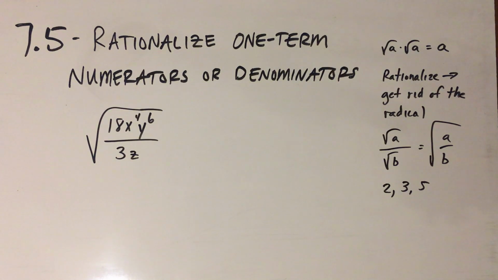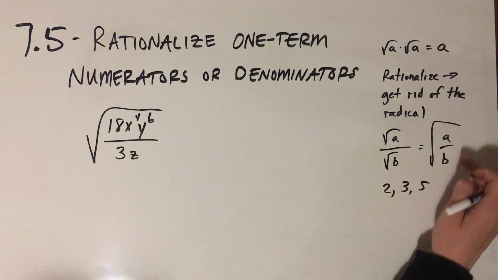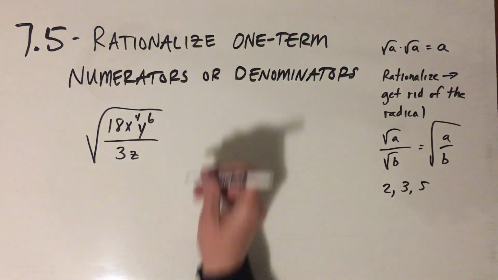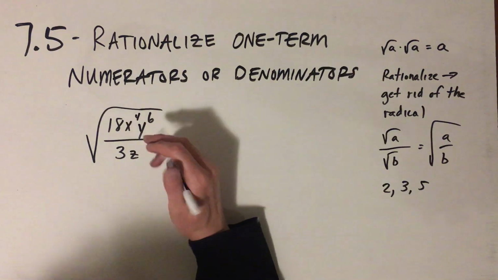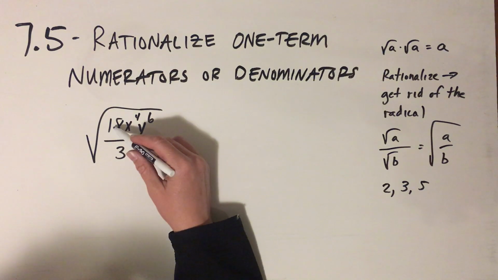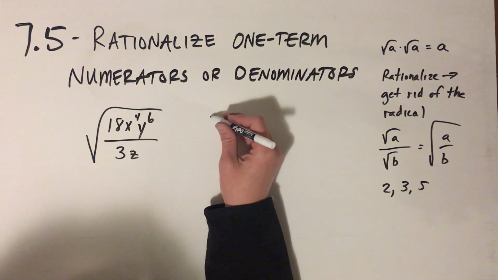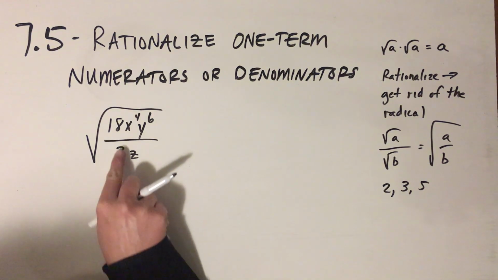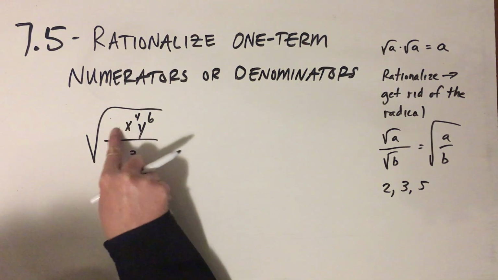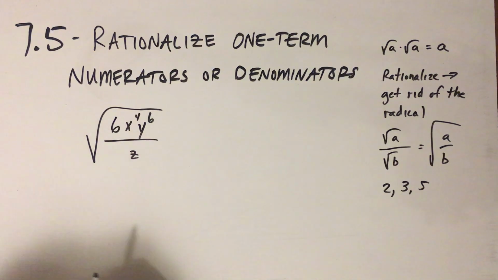Again, I'm rationalizing the numerator here. This has been given to me as all one radical, so I'm going to try to separate them out. But first I'm going to simplify this. I can simplify this 18 and 3 to 6. So I'm just going to erase this out of here and say this is a 6.